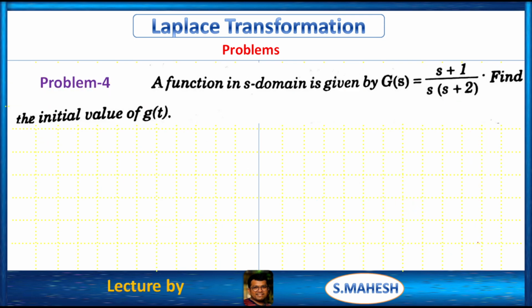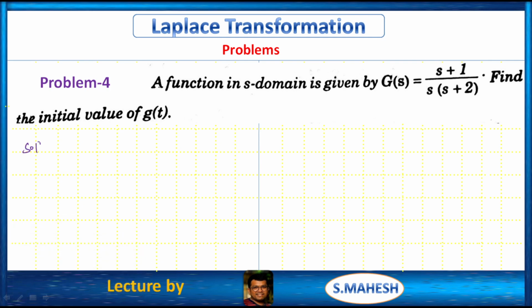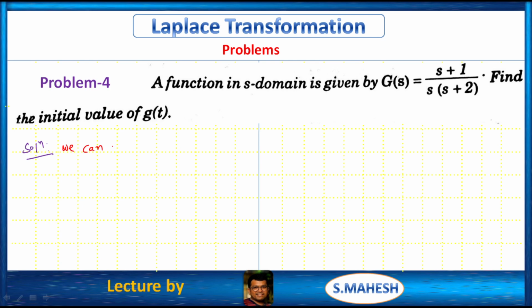Now we can get a function in the s domain, given by G of s like this. Find the initial value. Initial means what? By using the initial value theorem, I can get the solution.